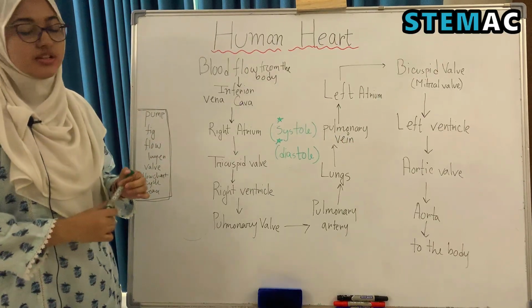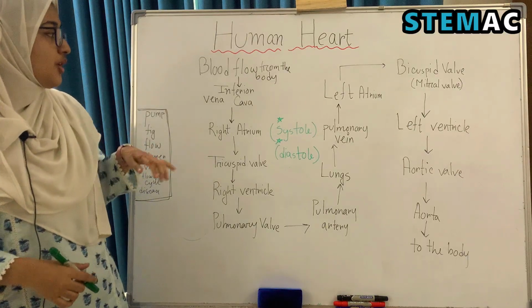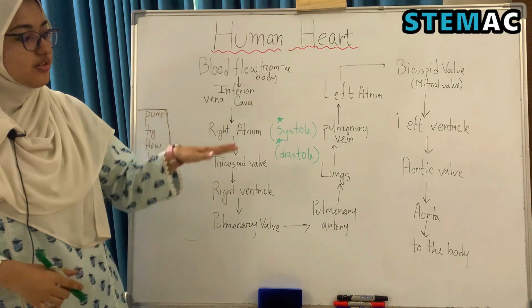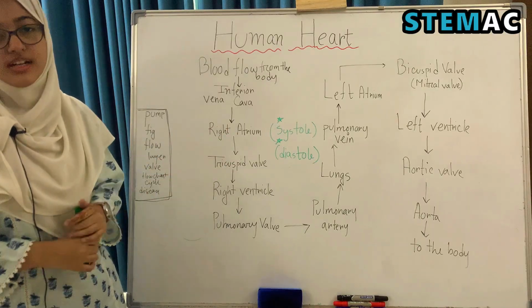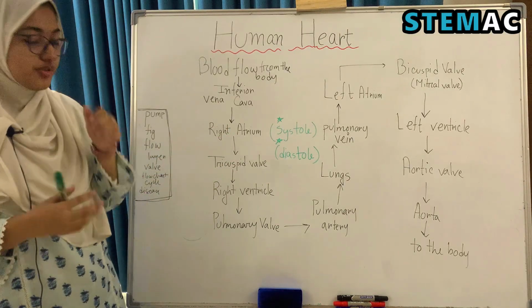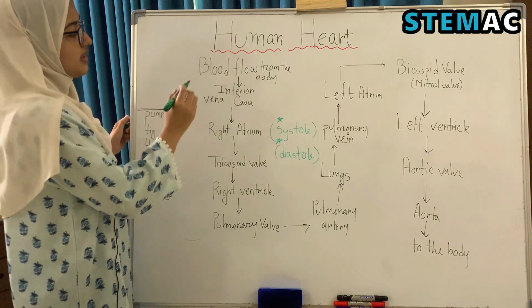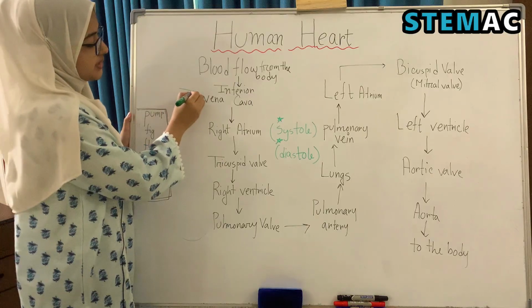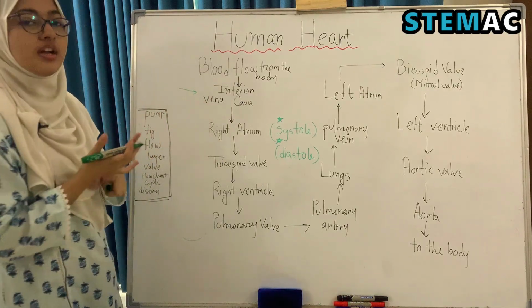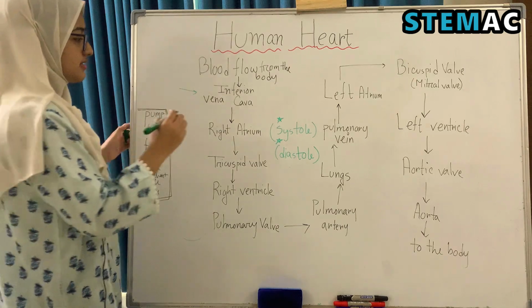We have seen a figure of the heart. Now we will see the flow chart so that we can understand the flow of the blood more easily. So here we can see the blood from the body comes through the inferior vena cava or superior vena cava, whichever it uses.